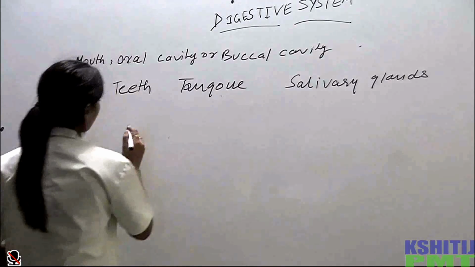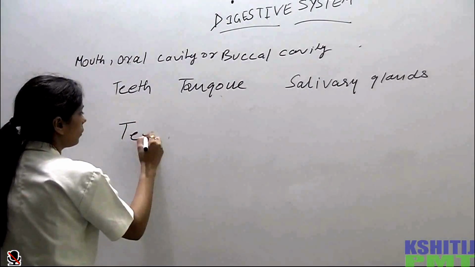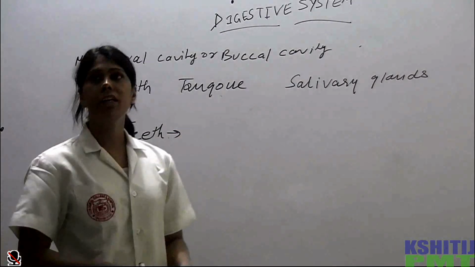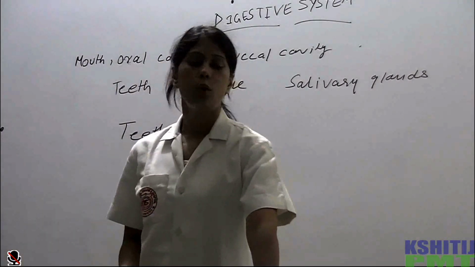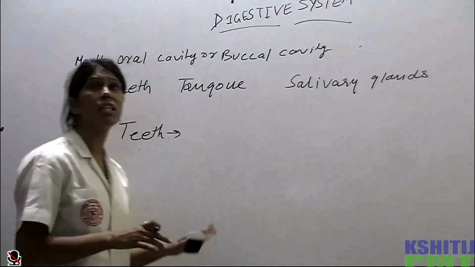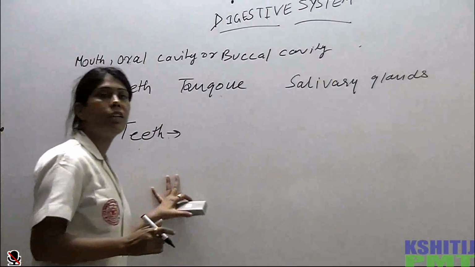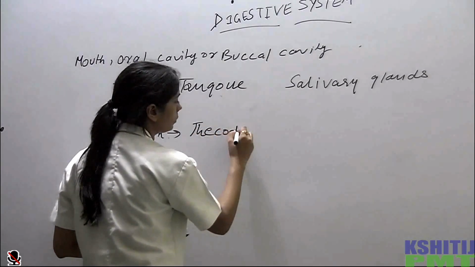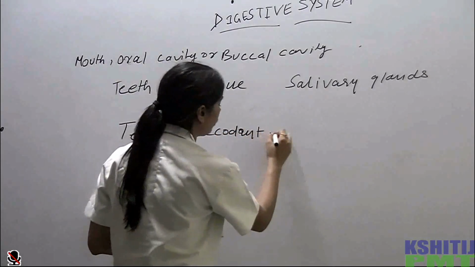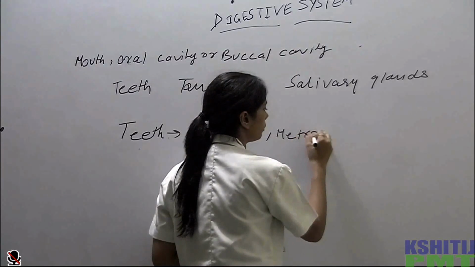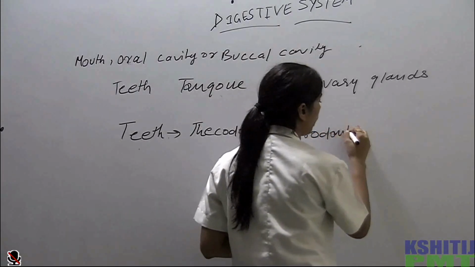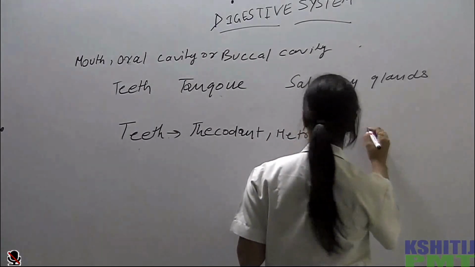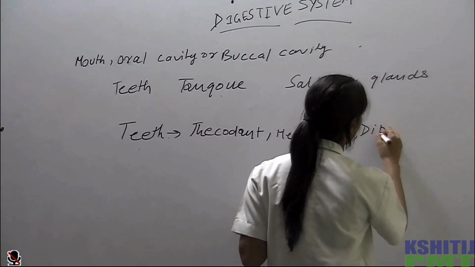Okay, our teeth, mammalian teeth or teeth in human, have three basic characters. Okay, teeth have three basic characters. Number one, they are thecodont, they are heterodont, and in last they are diphyodont.